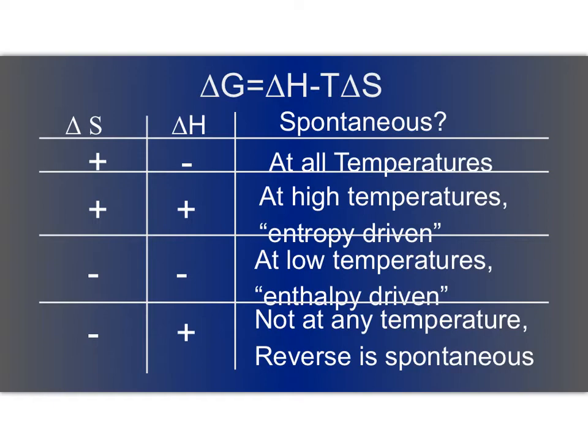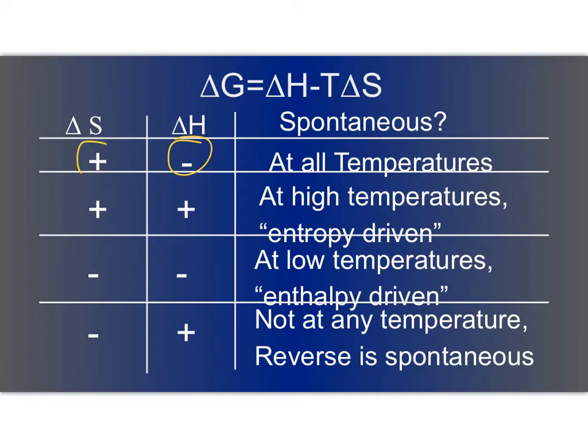If you recall from part 1, we said that a reaction would always be considered spontaneous if it was an exothermic reaction with a negative delta H, and it would increase in entropy.